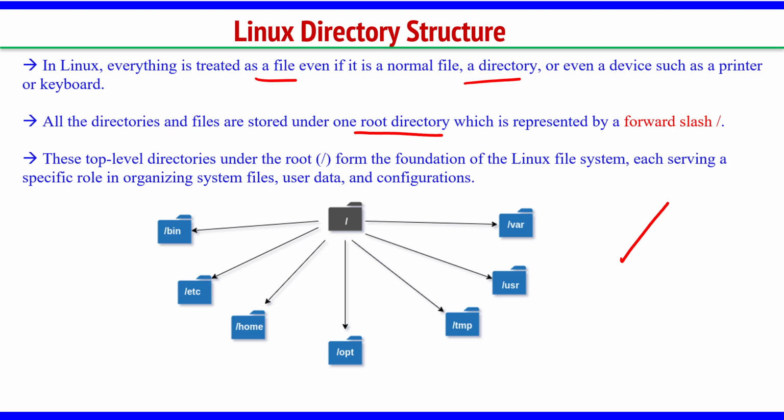The root directory is indicated by the /. In this root directory we have different kinds of subdirectories like /bin, /etc, /home, /opt, /tmp, /usr and /var. These top level directories under the root form the foundation of the Linux file system.